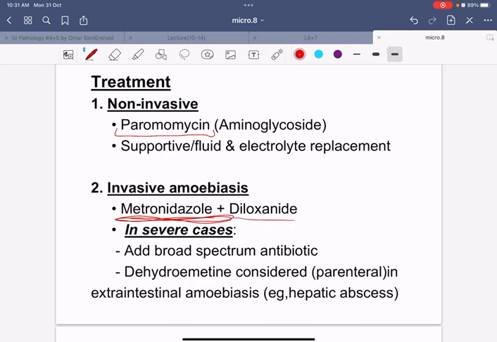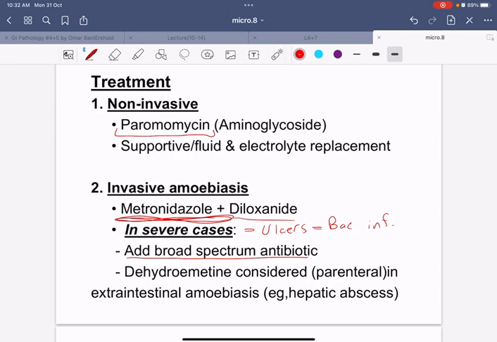In severe cases, what does that mean? It means ulcers. What happens in the ulcers? Bacterial invasion. So what must you give? Add a broad-spectrum antibiotic. Again, this is not memorization, this is understanding of the microbiology. Or you give dehydroemetine by parenteral injection in extra-intestinal amoebiasis.